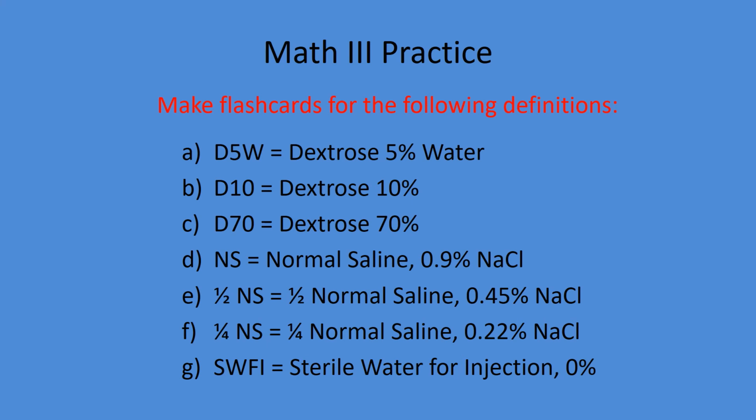So if normal saline is 0.9, then half normal is 0.45. The next salt solution is quarter normal saline, or quarter NS, and that strength is 0.22% sodium chloride. And lastly, we have sterile water for injection, or sometimes it's sterile water for irrigation, and that is just water, so it's 0% content or 0% drug.